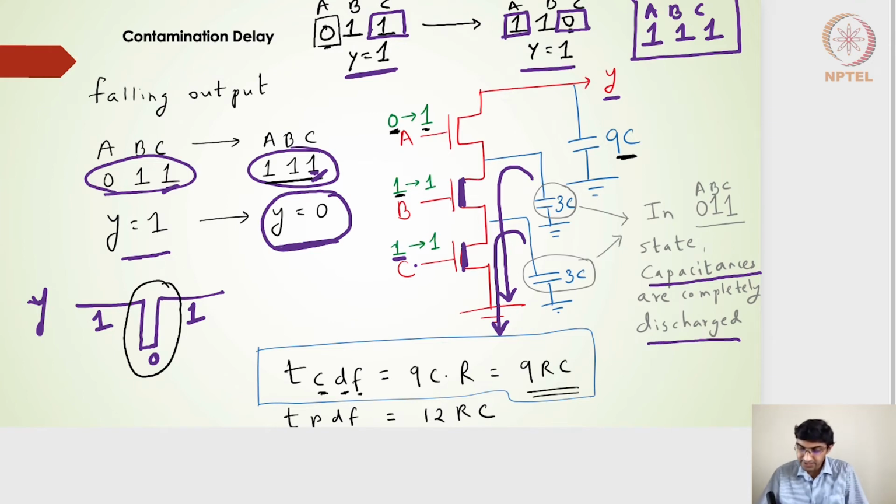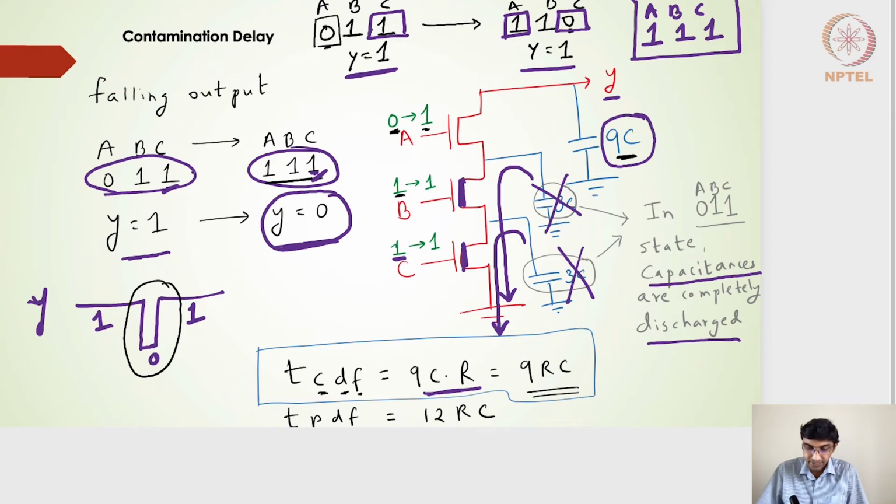So the contamination delay is nothing but all the delay associated with the 9C, which is the output node capacitance. So the 9C is multiplied by this R/3, this R/3, and this R/3, which form the discharge path or the switching resistance, and we will get 9C into R. And we will not consider this 3C here, and this 3C here, because they are completely discharged to 0.